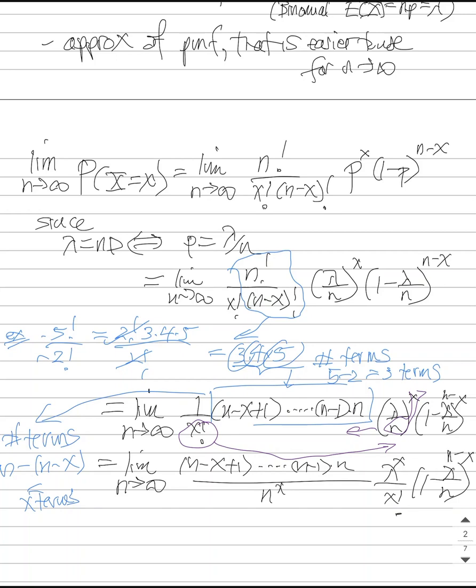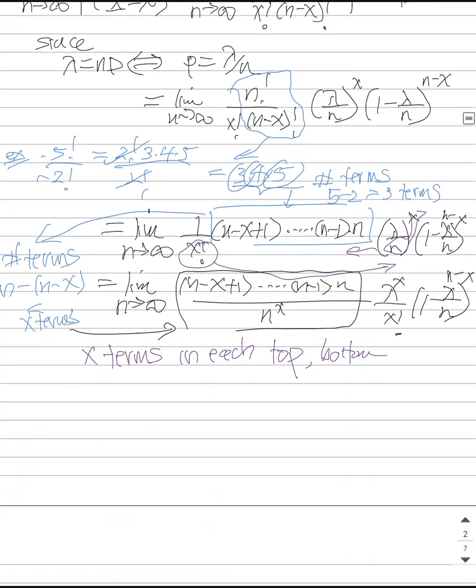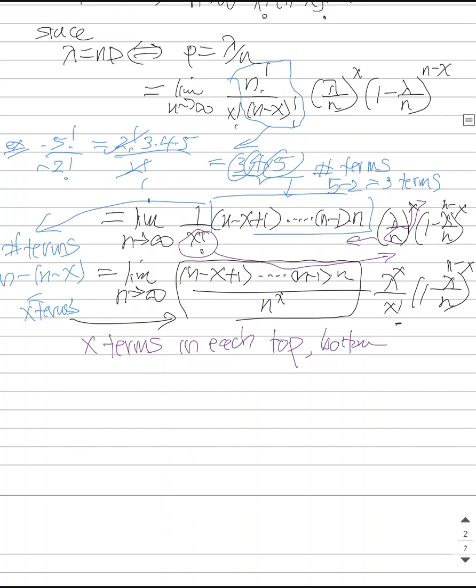So the idea here is that now I can clean up that part. Okay. There are x terms in each of the top and the bottom here. And to clean up this expression, I'm going to factor out a power of n from everybody upstairs.